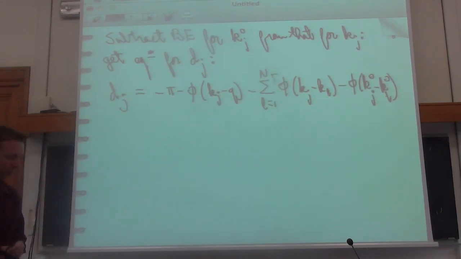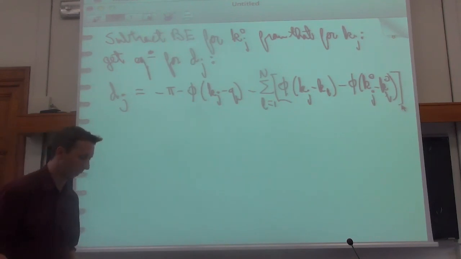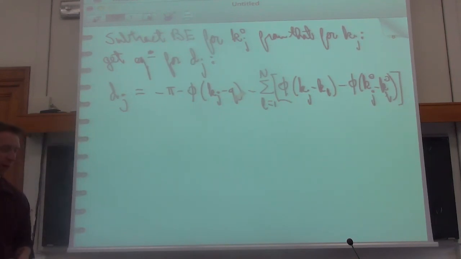Everybody understands? Q is the rapidity of the particle you've added, the rapidity associated with the quantum number n over 2 minus 1 plus n.